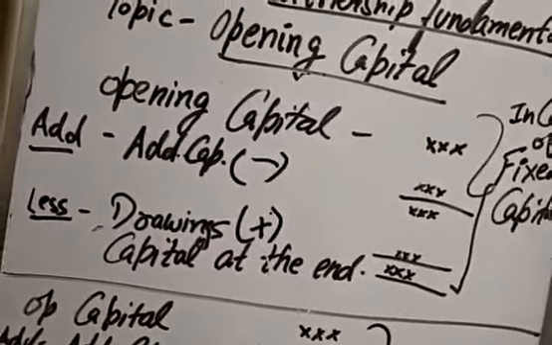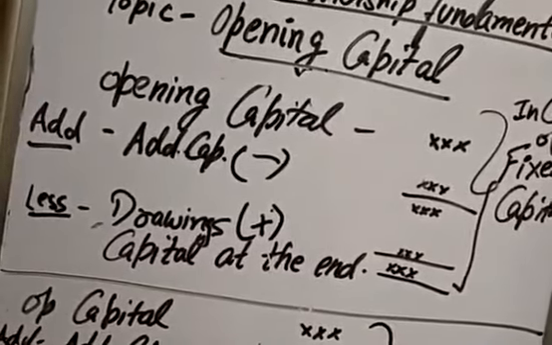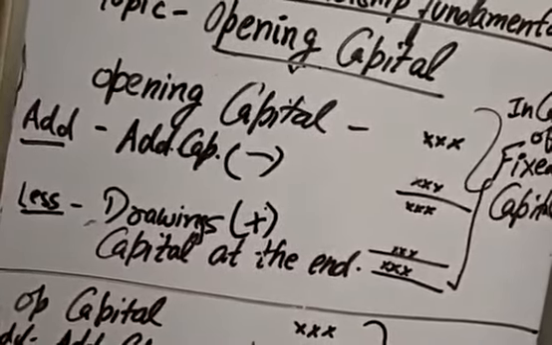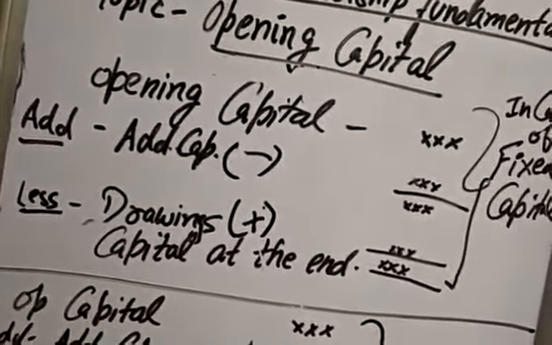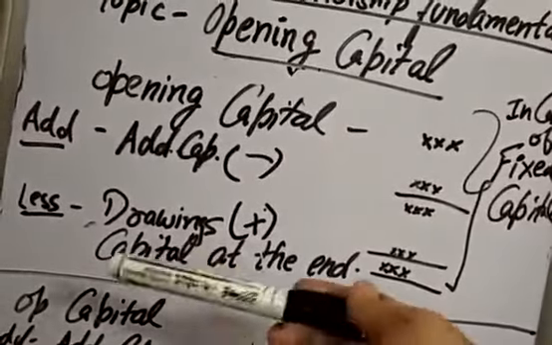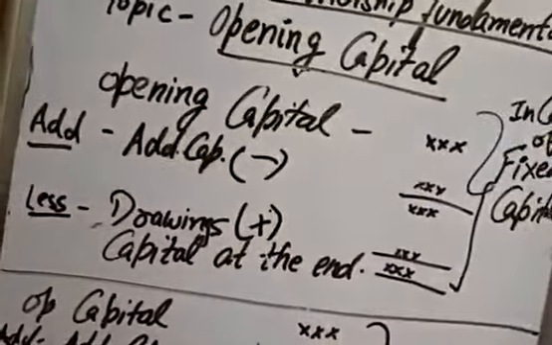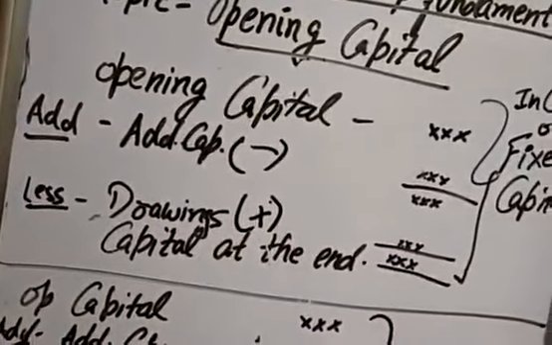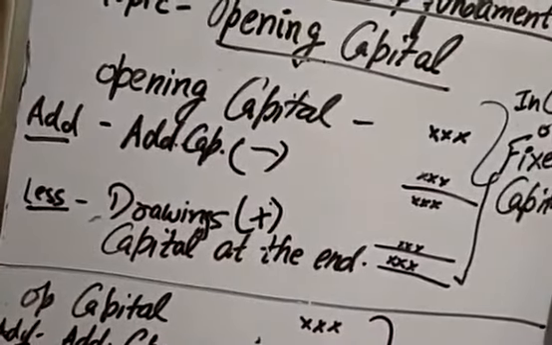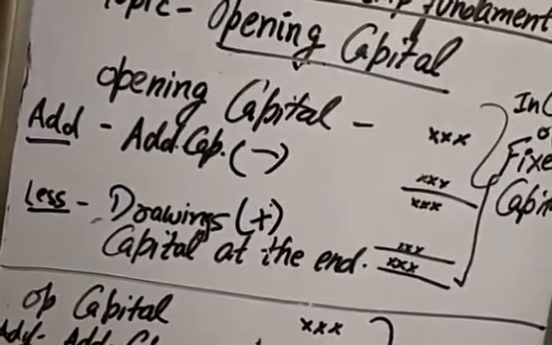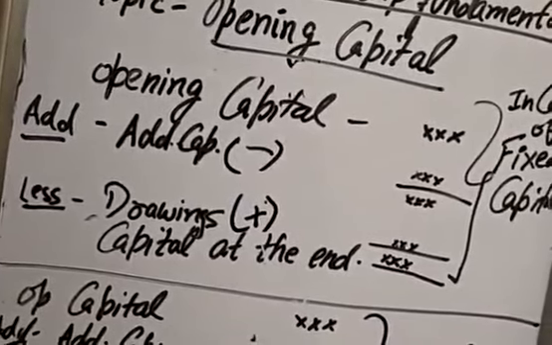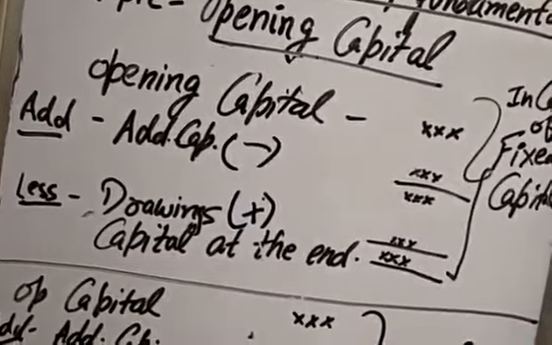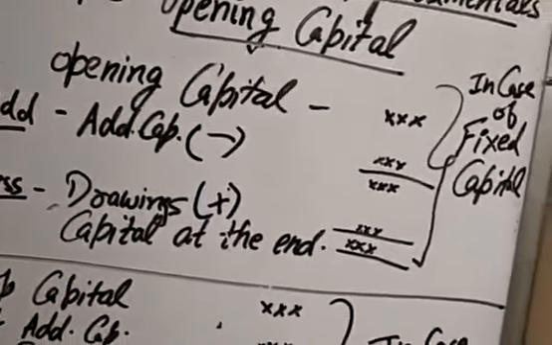They had added the additional capital, we will deduct it. They had deducted the drawings, we will add it. By doing this, we will come up to opening capital. Okay, students, and calculating opening capital is important because interest on capital is always to be calculated on opening capital. Am I clear to you?